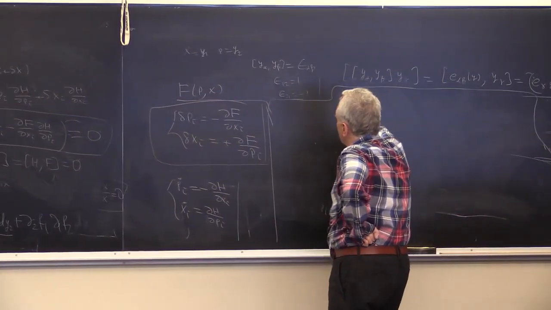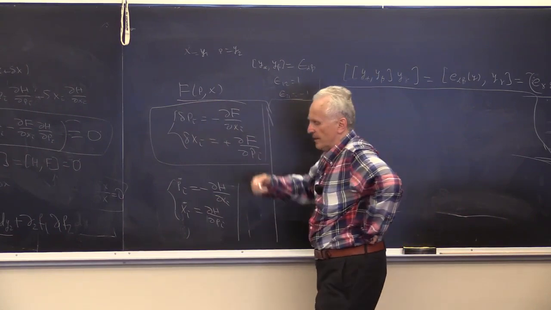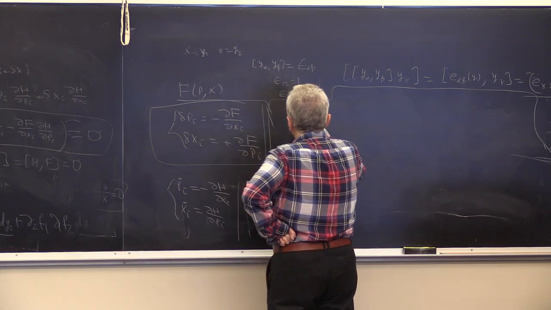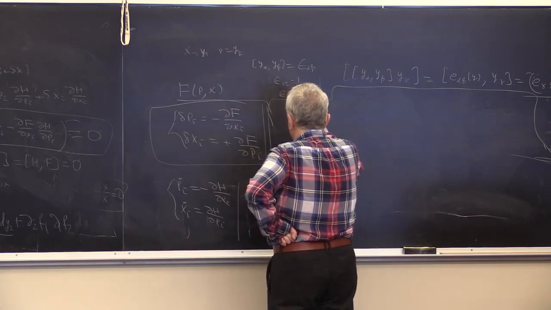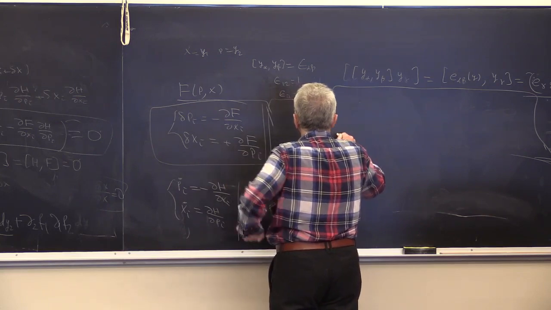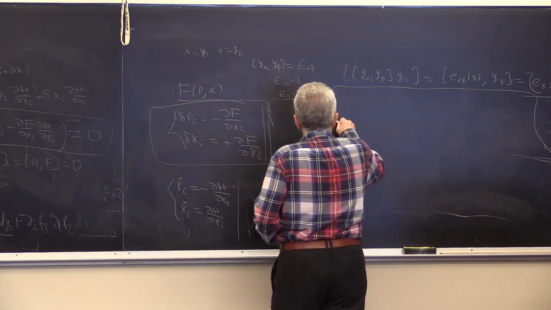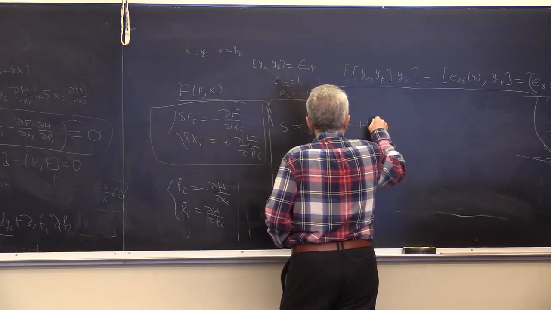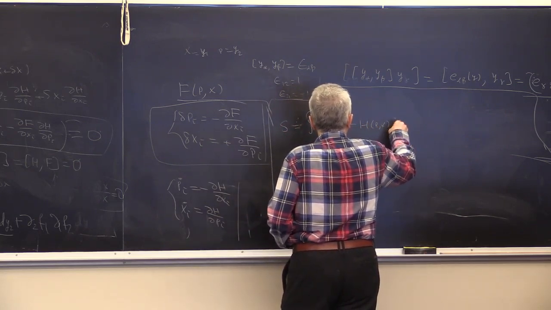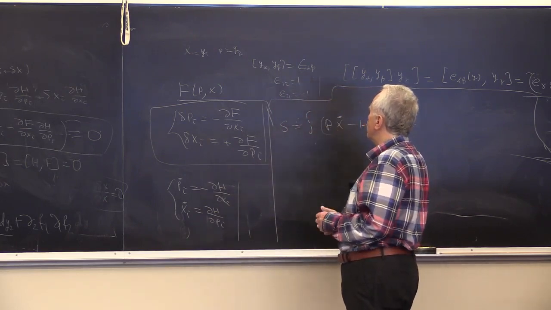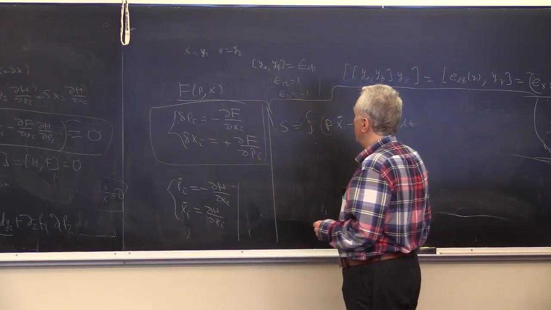One is the motion of planets. We derived the variational principle. The action which we looked at was this, and that was the Hamilton principle from which we derived the Hamilton equation.